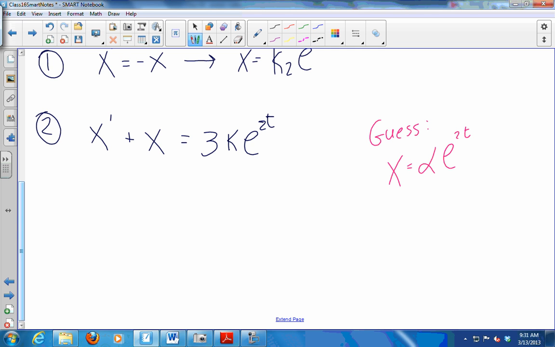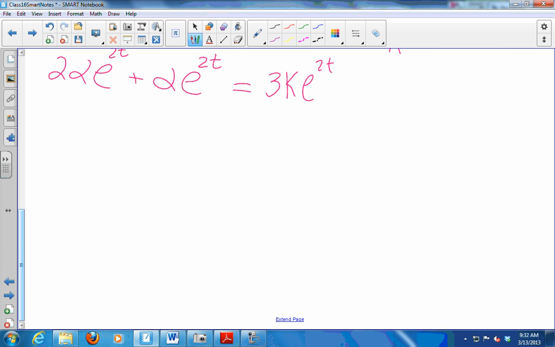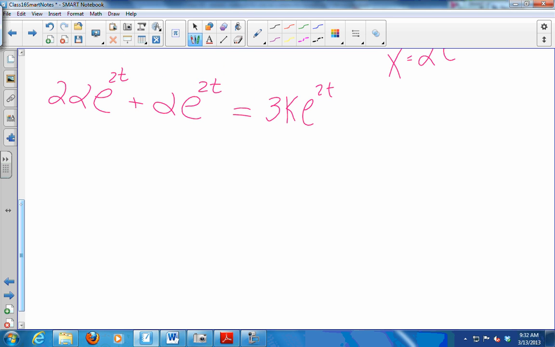So now we plug in our guess. x prime would be 2 alpha e to the 2t plus x, which is alpha e to the 2t. And we're going to force this to equal 3k e to the 2t. Choose alpha in such a way that they have to be equal. So this is 2 alpha plus 1 alpha is 3 alpha e to the 2t, has to equal 3k e to the 2t, which means alpha equals k.